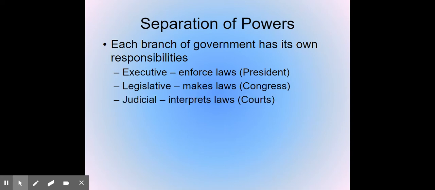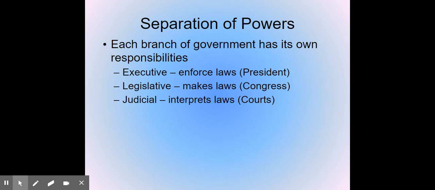And the judicial branch, which is the court system, including the Supreme Court, its job is to interpret the law. Okay? So each branch has its own set of responsibilities in terms of the law. Executive branch enforces, legislative branch makes, and judicial branch interprets.